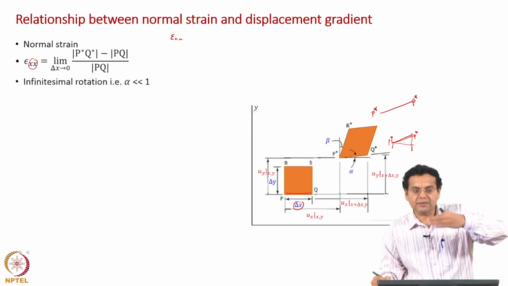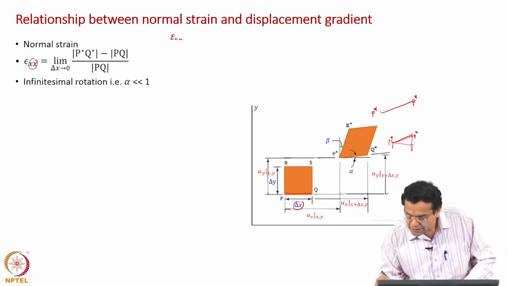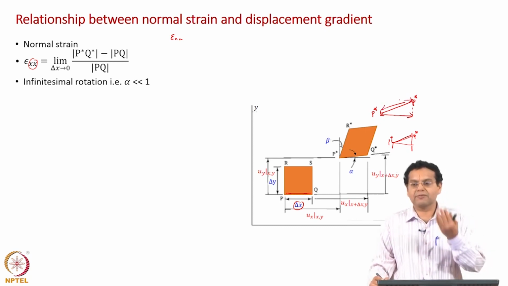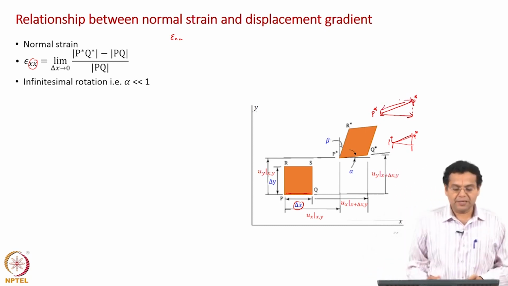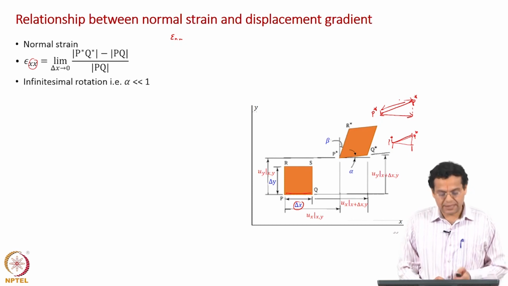Because the rotation is very small, I will project Q* and consider only this length as the same as the actual length, which is very much valid when alpha is very small. That is the assumption: infinitesimal rotation, that is, alpha much less than 1.